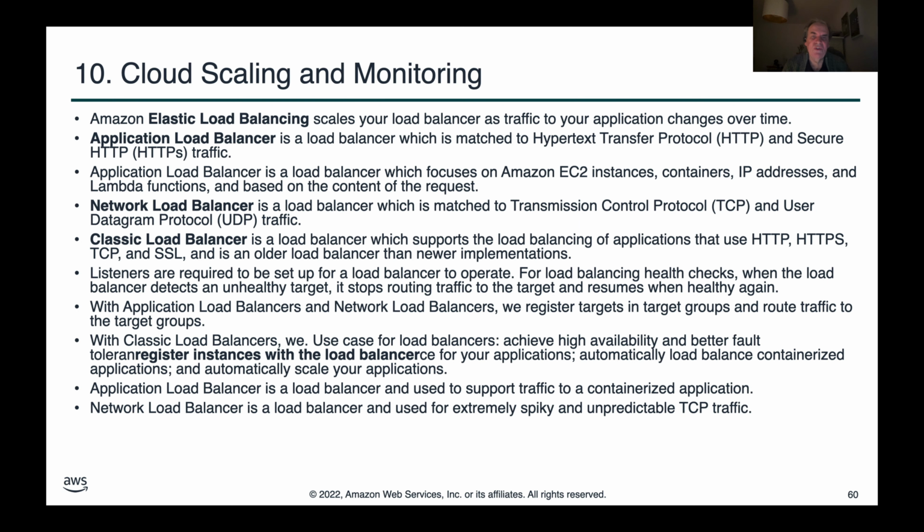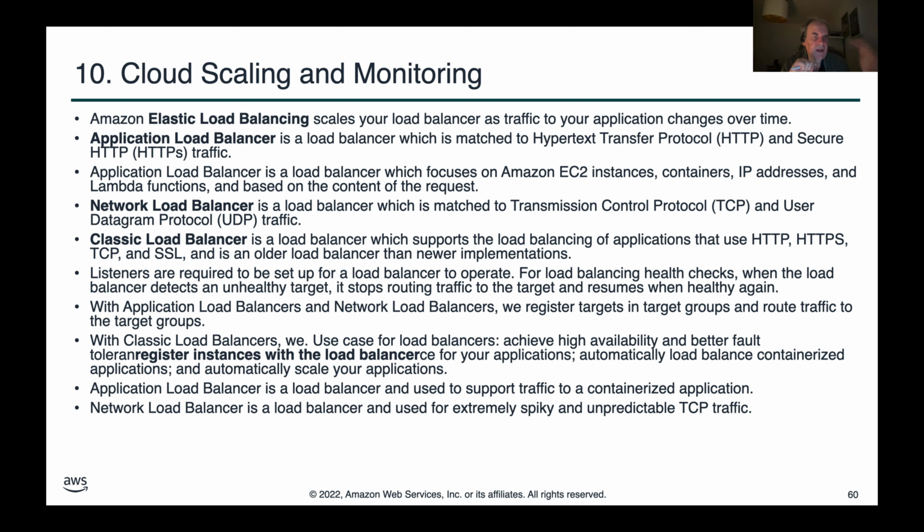And finally, we get to automatic scaling. Elastic load balancing allows us to cope with changes in demand, to move in and out. We have three types of load balancer. The application load balancer works at layer 7 for HTTP and HTTPS, and our network load balancer works at the TCP and UDP layer, and we can also have a classic balancer which does all of it together. It's not recommended.